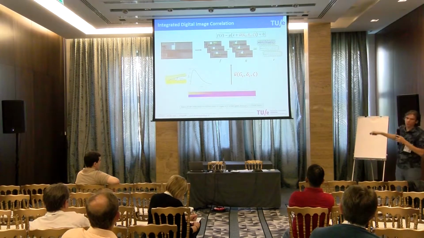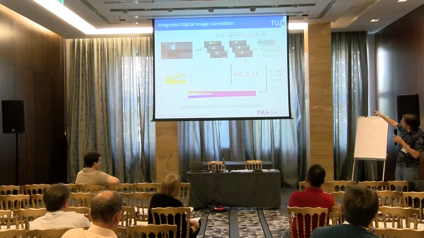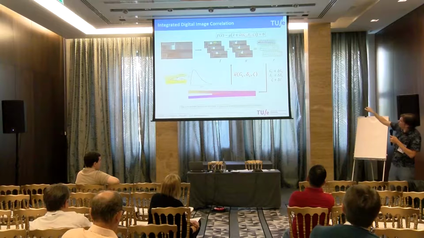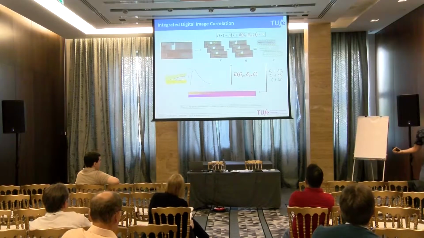But probably we would get them wrong initially. So we get a displacement field that's not correct, and the residual is not 0. Then we update these parameters and start looping until we get a 0 residual. That's the IDIC scheme we're using.